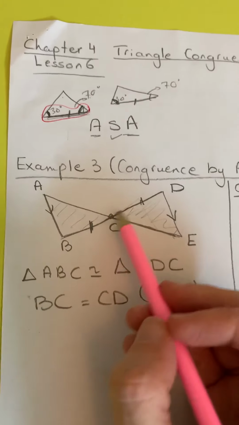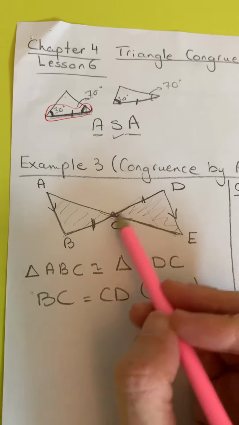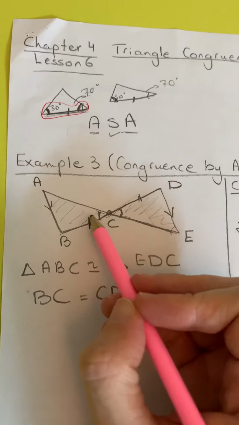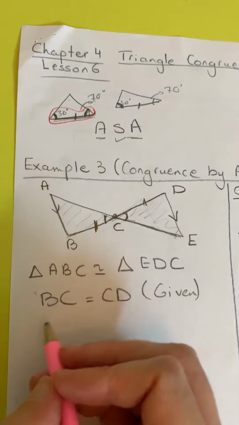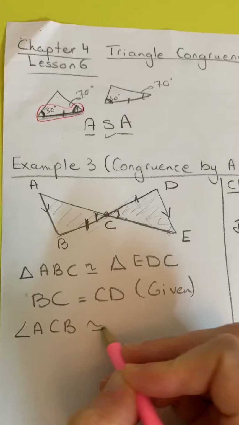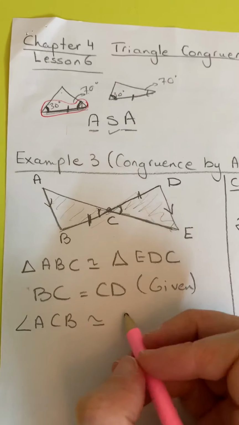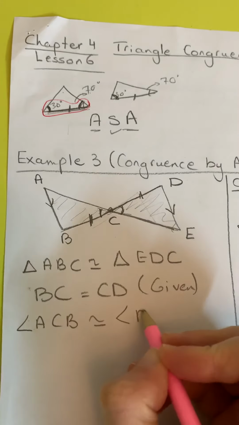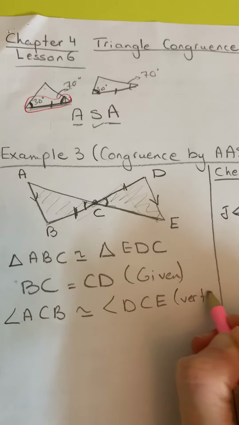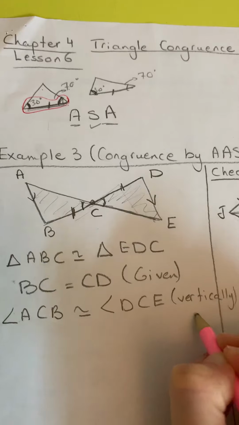Now, always when I have an X like this, I think about vertical opposite angles. So the angle C in this triangle, angle ACB, is congruent to the angle C here, which is DCE, because they are vertically opposite angles.